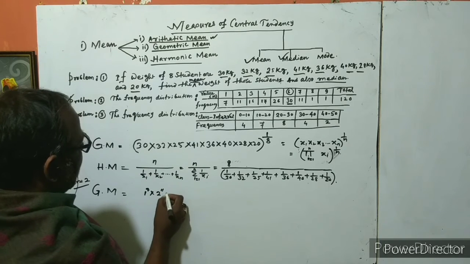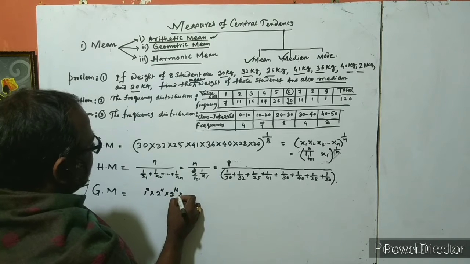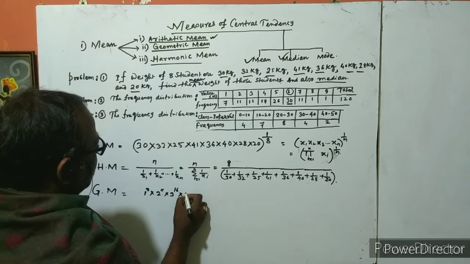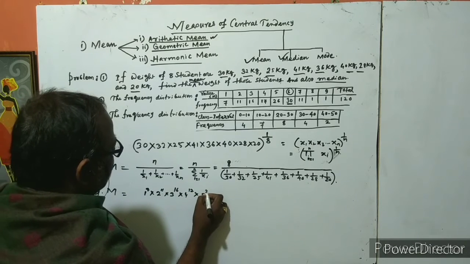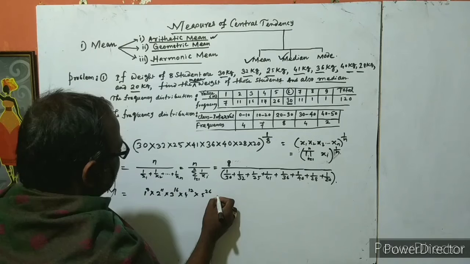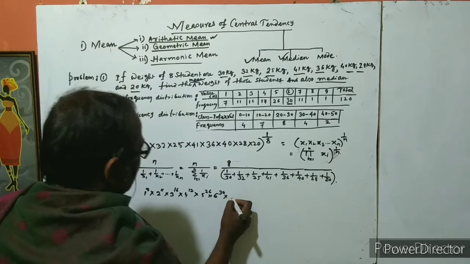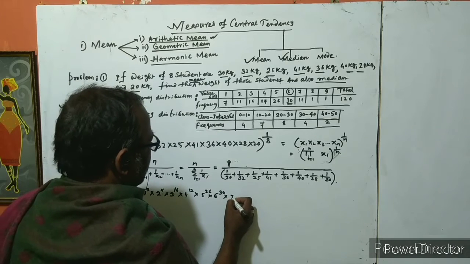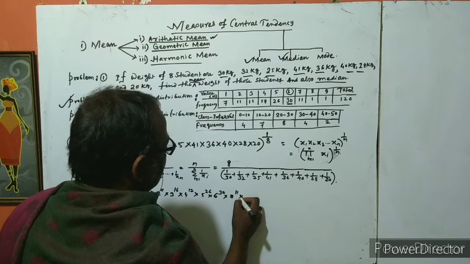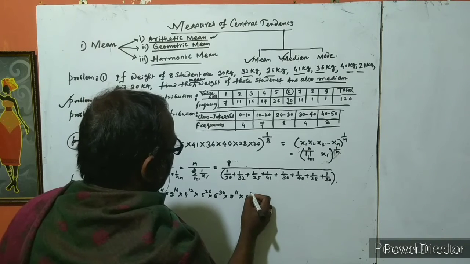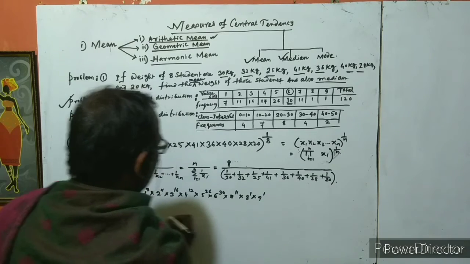Frequency will be the power: 3 to the power 16, 4 to the power 17, 5 to the power 26, 6 to the power 30, 7 to the power 11, 8 to the power 1, and 9 to the power 1 also.